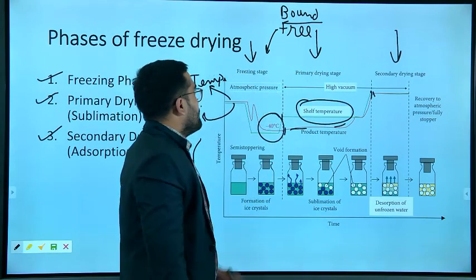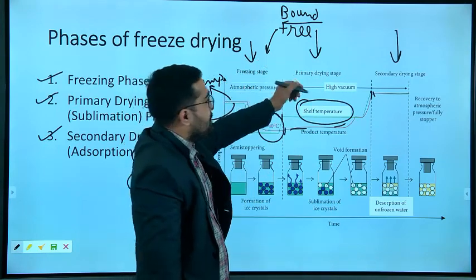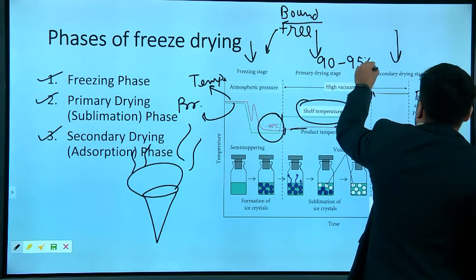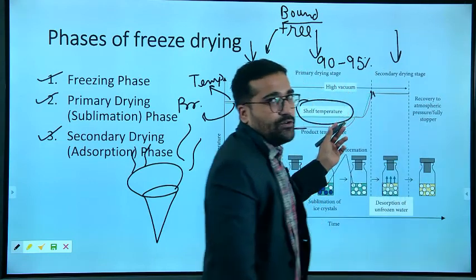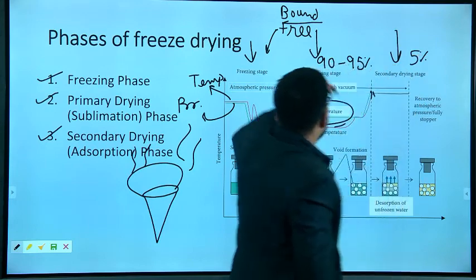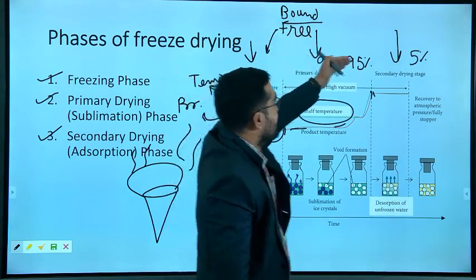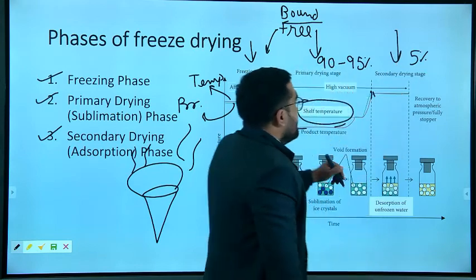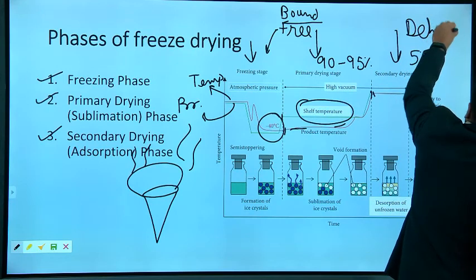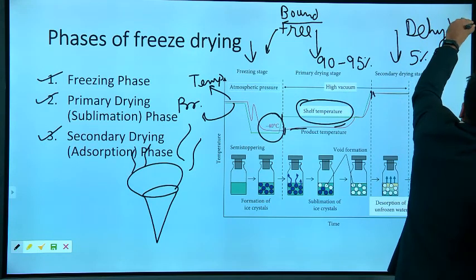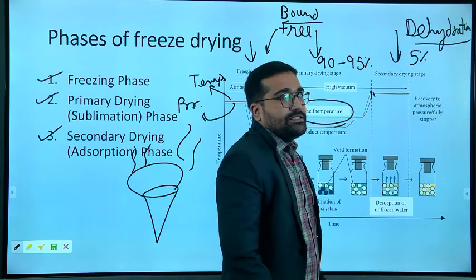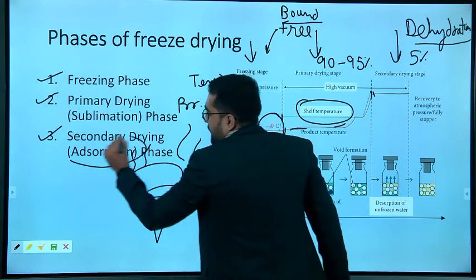So, in the primary drying stage, what happens? We generally remove 90 to 95% of the water present inside a product. Okay. But to remove the remaining 5%, which is bound water, we need to go for the second stage of drying. Okay. So, this second stage is generally for dehydration of the product. Fine. So, how does this happen? This happens with the help of adsorption.